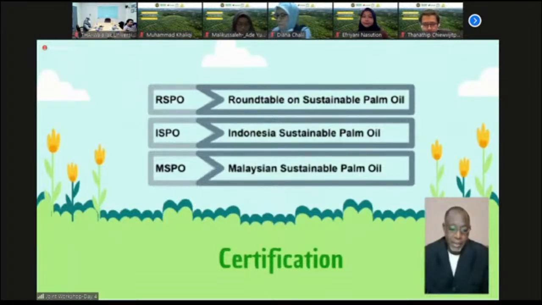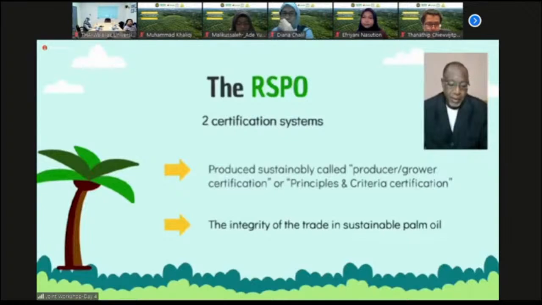What are the benefits of certification? The RSPO has set up a certification system, and some of the benefits are, one, to ensure the palm oil is produced sustainably, which is called producer or grower certification, or principles and criteria certification.